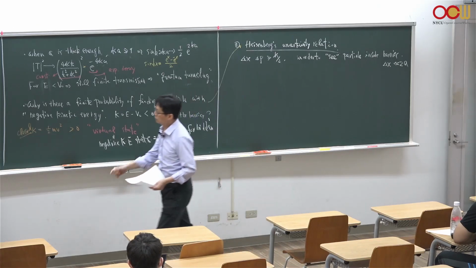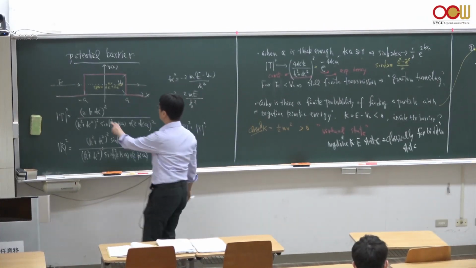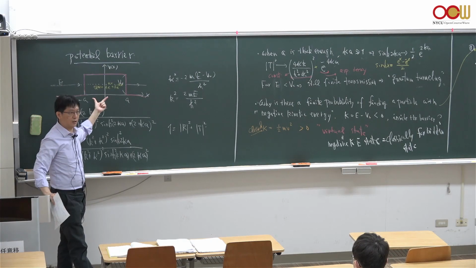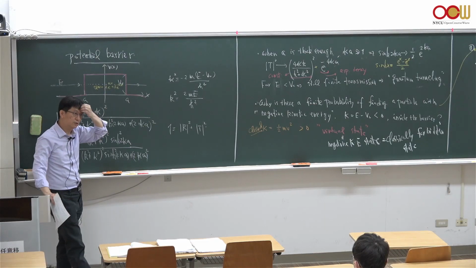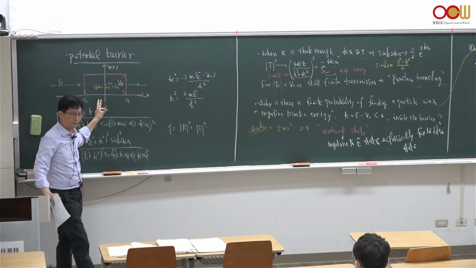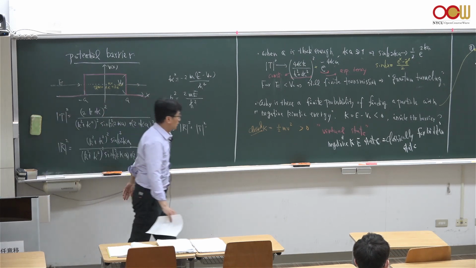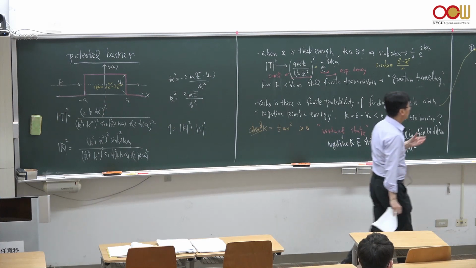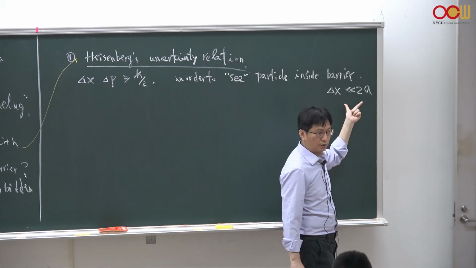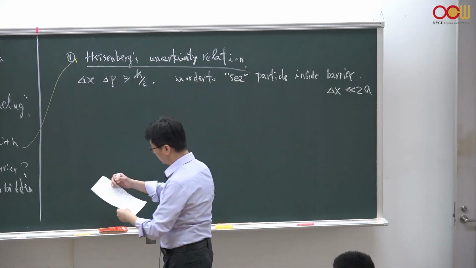If you really would like to localize this particle inside the barrier, the uncertainty along the x direction should be much smaller than the width of the barrier. Otherwise, you cannot tell whether there is really a particle inside the barrier or not. Is that okay? So your uncertainty in determining the position in the x direction must be much smaller than 2a.